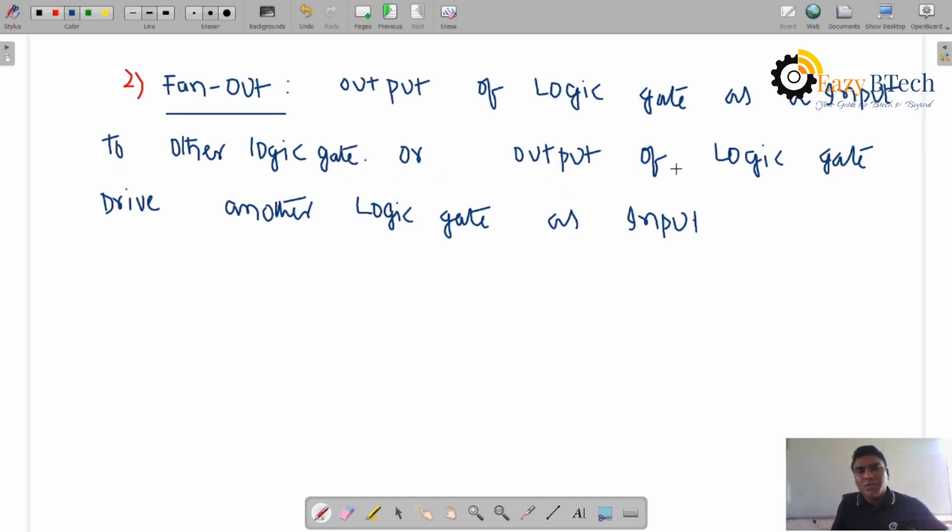Or we can say that the output of a logic gate drives another logic gate as an input. Let us see this one.